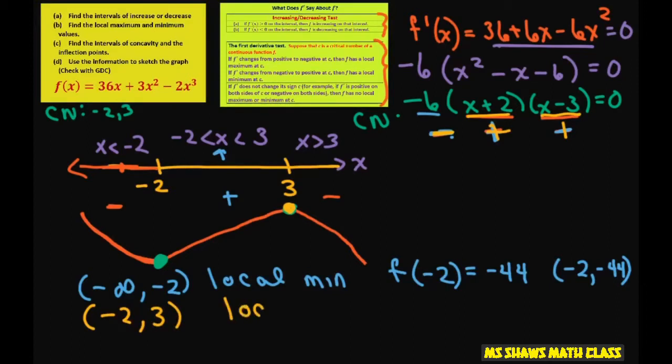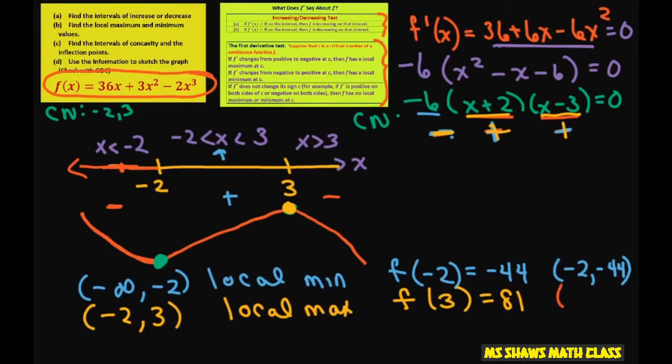That's your local max. So this is occurring at 3, so f of 3 equals 81. I already plugged in the values before I did the video to make it easier. So this is going to be 3, 81. Basically, you're just plugging these values into this. You can use your calculator if you want. So we'll be graphing our local min and max.